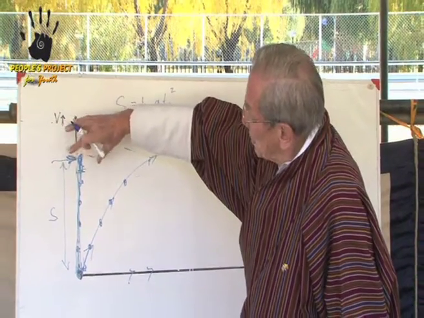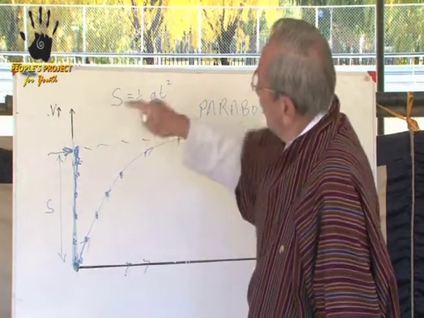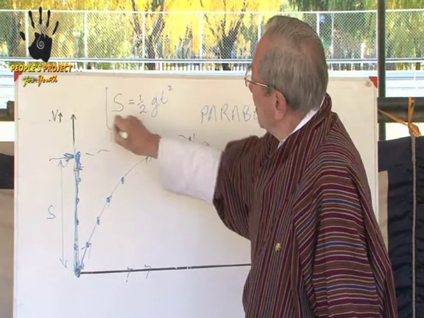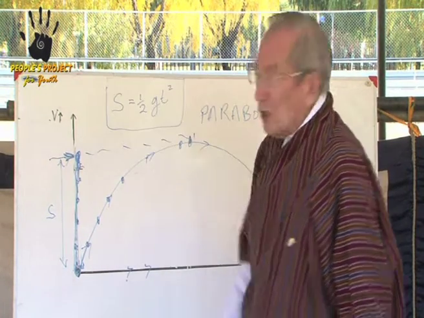So that's if I release a ball here and it drops to the ground, I have this formula which determines its movement.